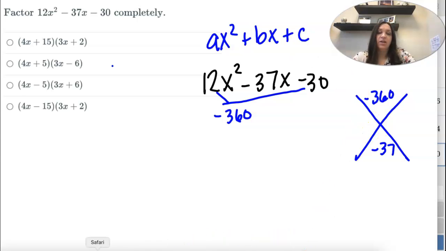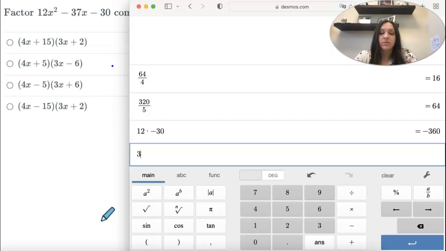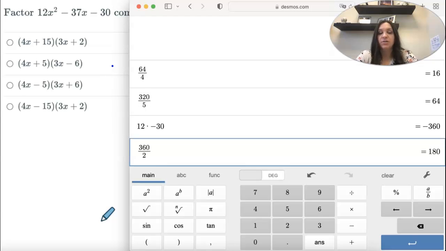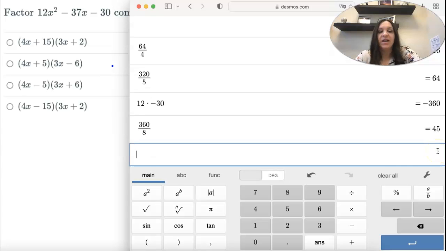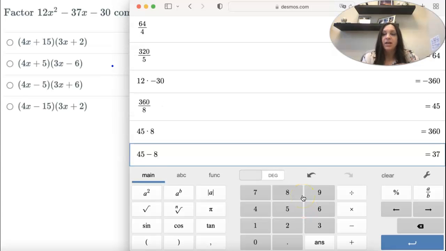And at this point, it helps to just start dividing. So 360 divided by 2, 3, 4, 5, 6, 7. So 45 times 8 is 360. 45 minus 8 is 37.